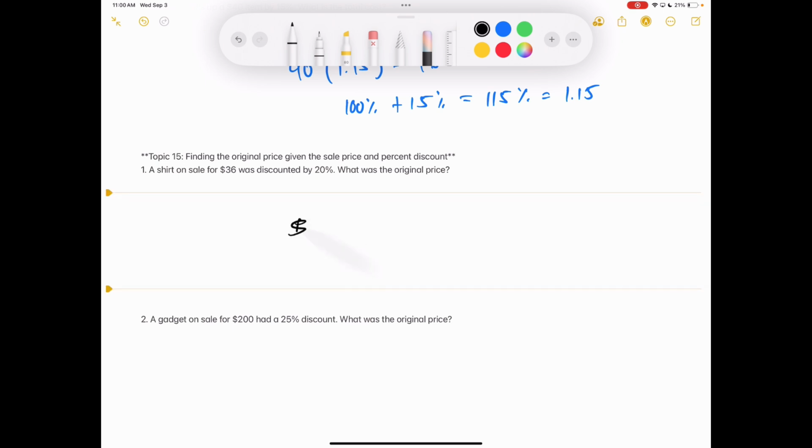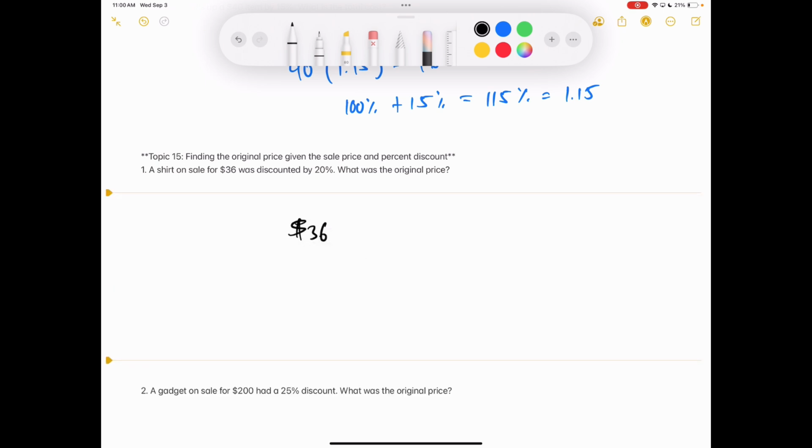A $36 shirt was discounted by 20%. What's the original price? Okay. What you have to do here is you took 20% off, so you paid the original 80%, right? And if it's sales price, you multiply, but we're trying to find the original price.